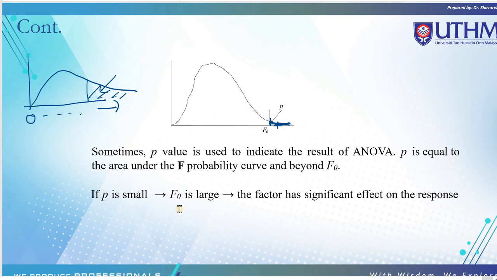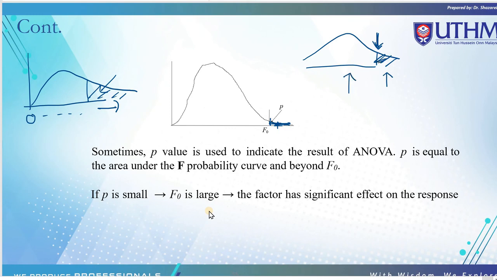Because normally, before this, when you learned hypothesis testing, you used the normal distribution or the t distribution, right? Then we have the rejection region and the critical value here, and we compare the test statistic to see whether it falls into this region or this region.